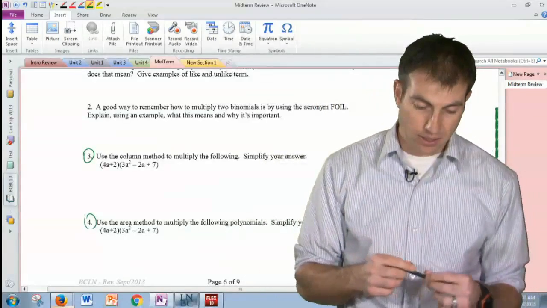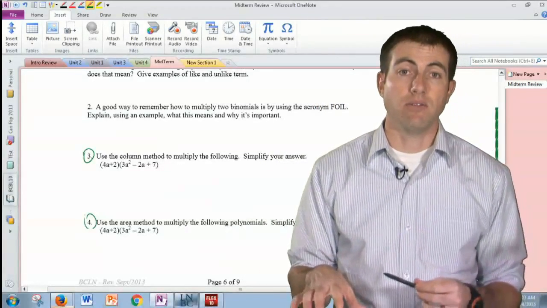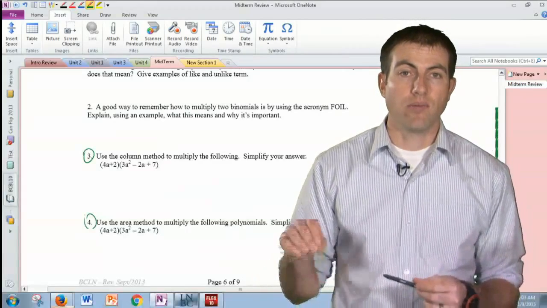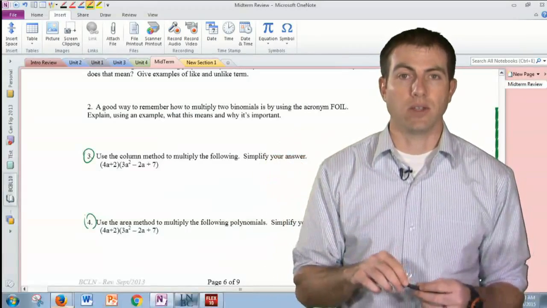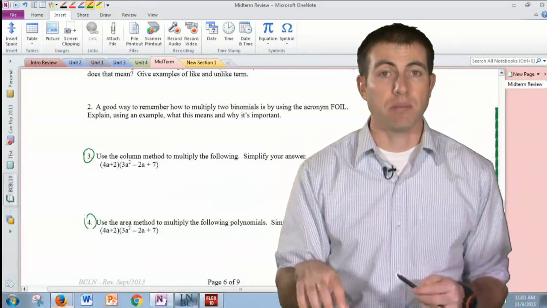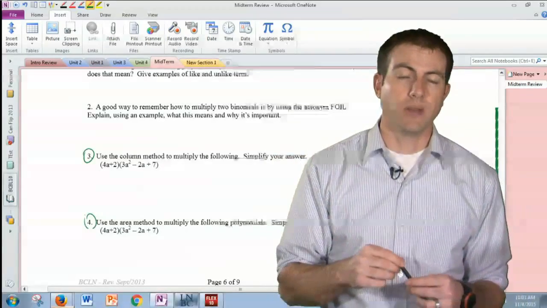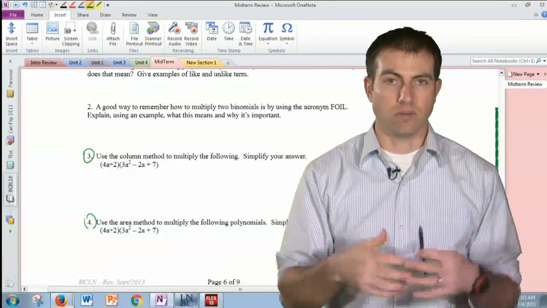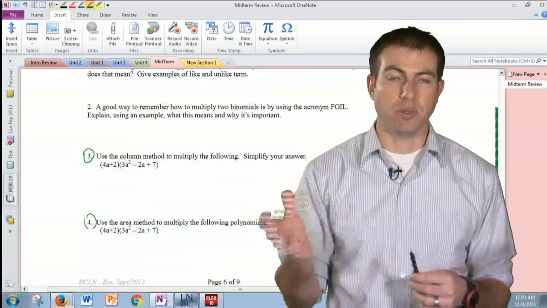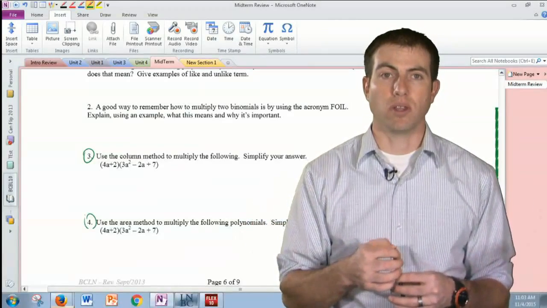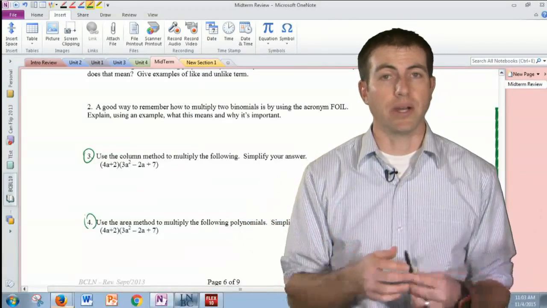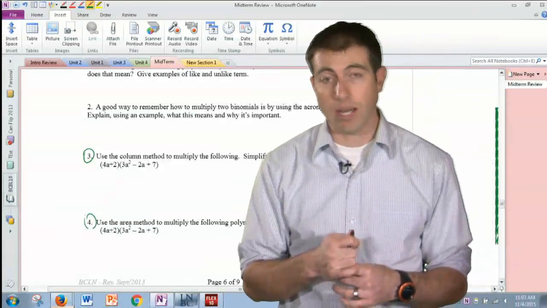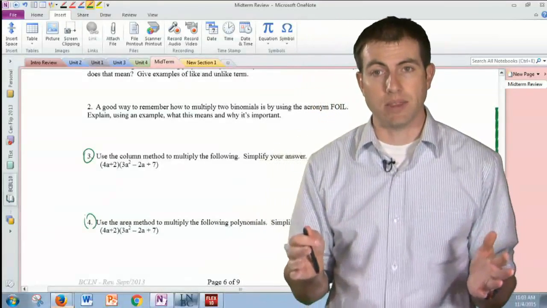I'd said when we went through this in the course, if you wanted to look at the column method, there was a lesson built into the course that had the column method. If you wanted to look at the area method, there was a lesson built in there. I'm just going to teach the one method, the normal expand, distributive property of multiplication. If you want to learn one of the other methods and it makes more sense to you, then by all means, go ahead and do that. So I have no issues if you just simply expand these.